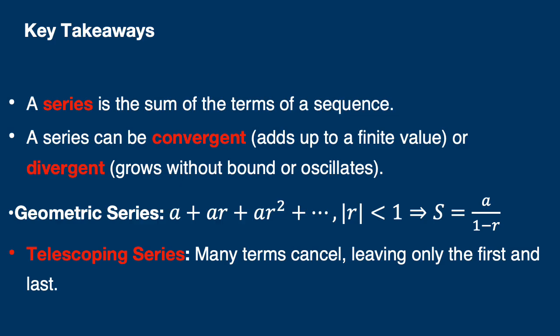Many terms cancel out, so when we expand the sum, only the first term and the last term remain. This cancellation makes it much easier to find the limit. These two examples show us both the beauty and the power of infinite series. Sometimes a seemingly endless sum can be captured in a simple closed form.